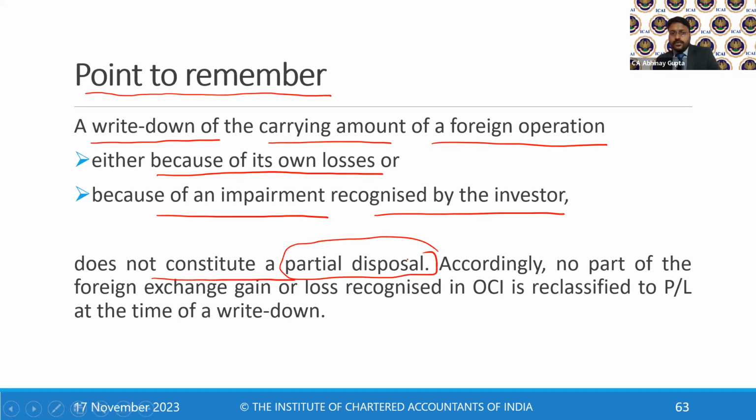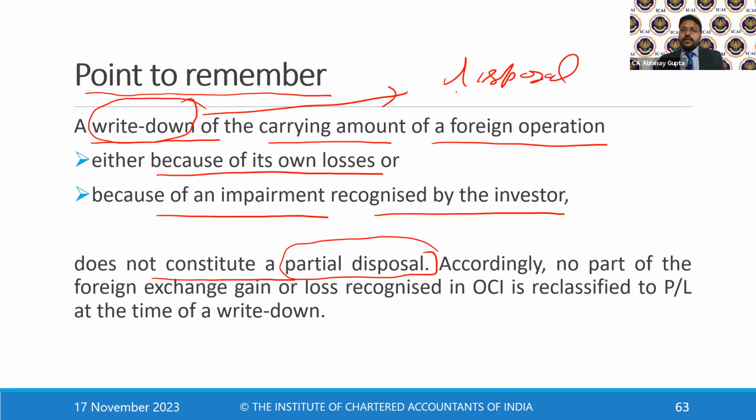Of course, even if the standard does not say this, we would know this. So in this case, write down is happening or impairment is happening. It is not to be considered as disposal, right? So the standard is saying if there is an impairment, then please do not consider impairment as disposal.